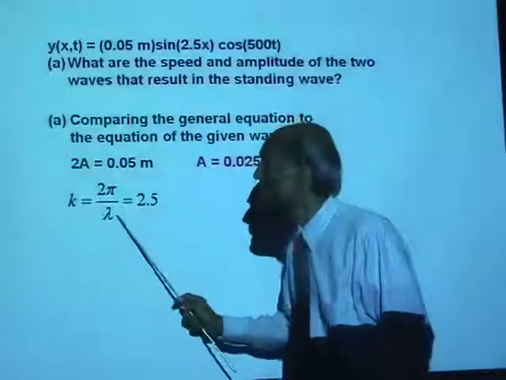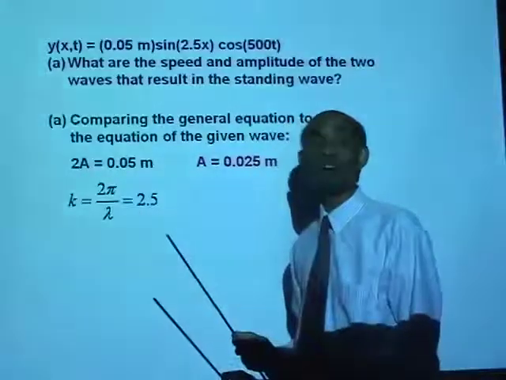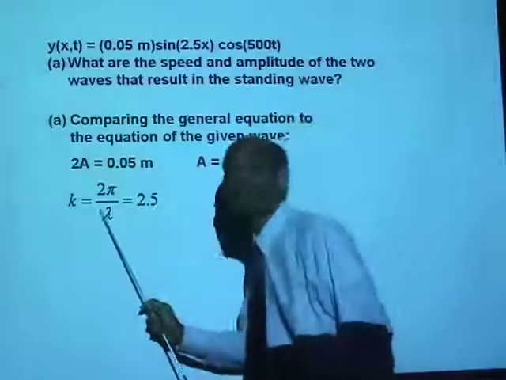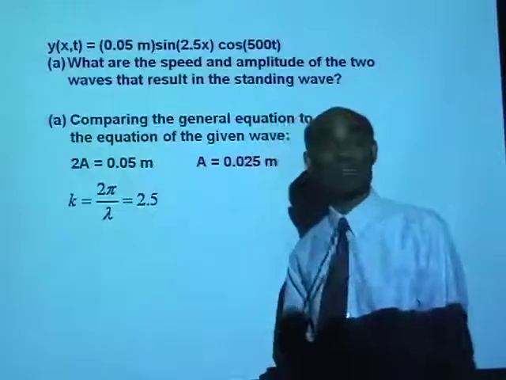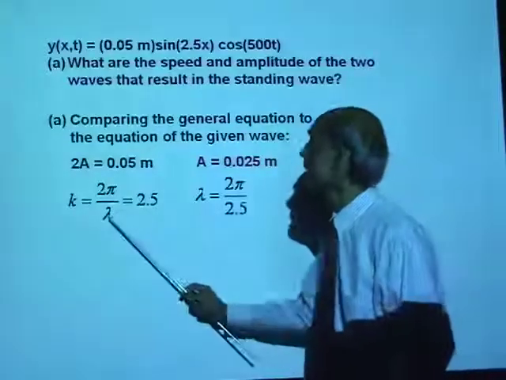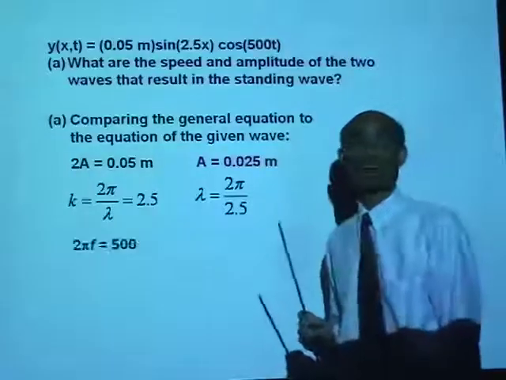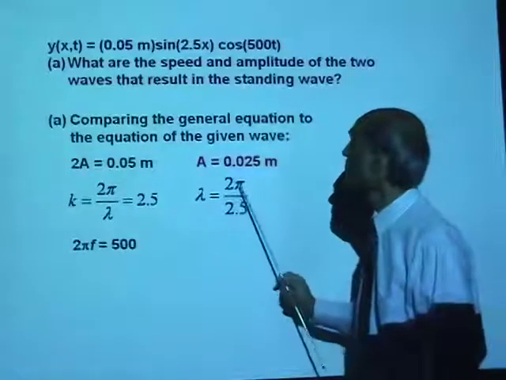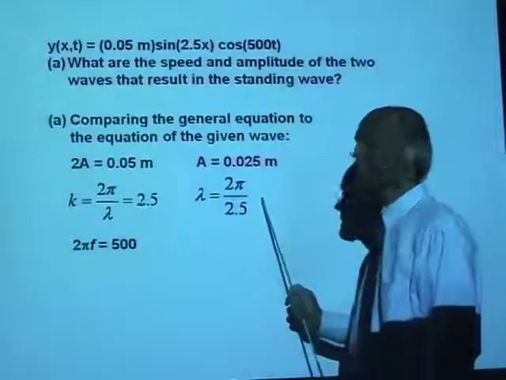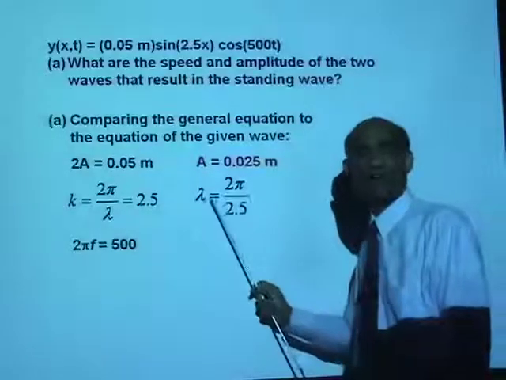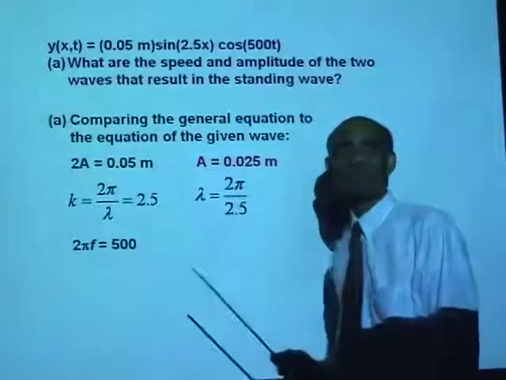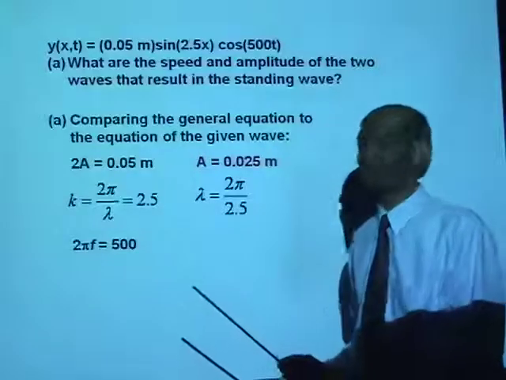So 2 pi by lambda equal to 2.5. We can obtain the wavelength right away from there. So wavelength lambda equal to 2 pi divided by 2.5. I didn't calculate that. You can calculate that on your own.